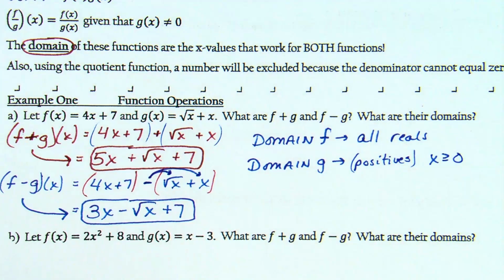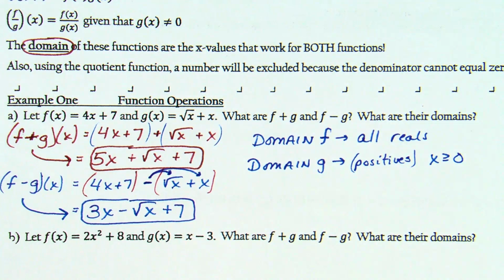Meaning, anytime you see a square root in your problem, you can't have negatives under a square root. Period, end of statement. That's one of the big things you have to look for today. So my domain has to exclude negatives, so it's going to be x greater than or equal to 0. Which is also the reason I asked, could 0 be included? Because you have to check 0.